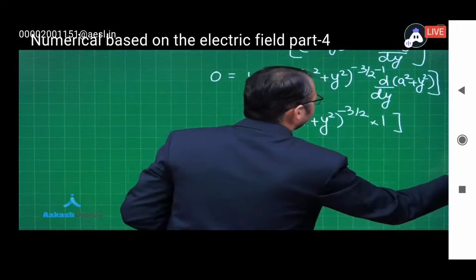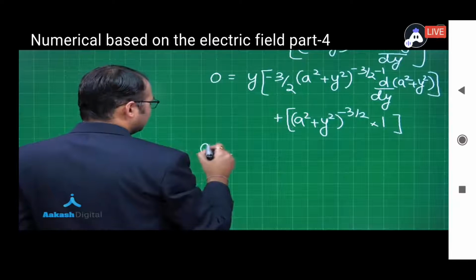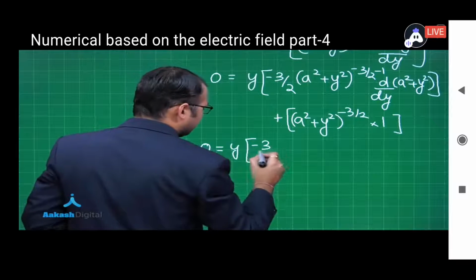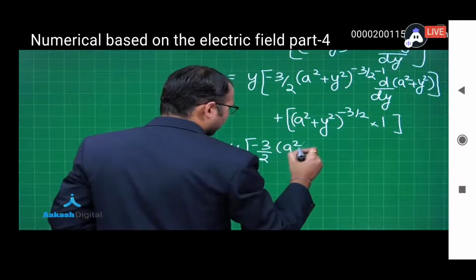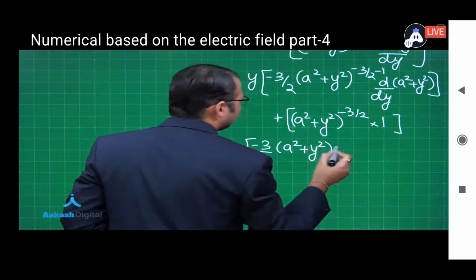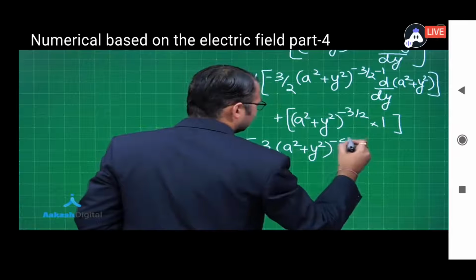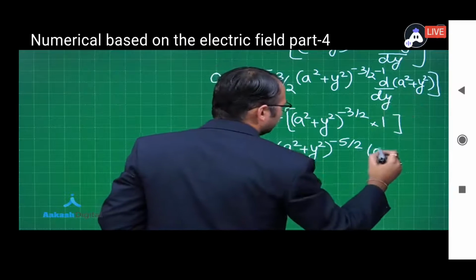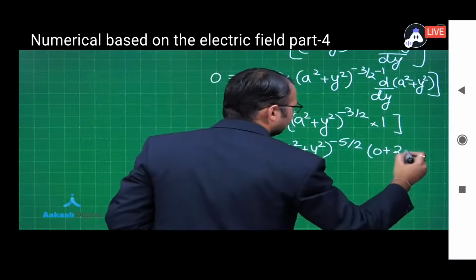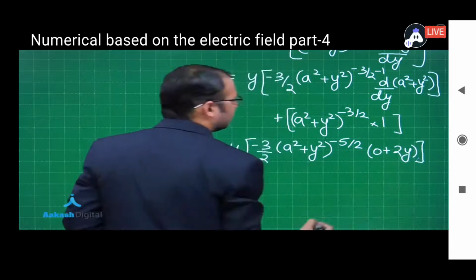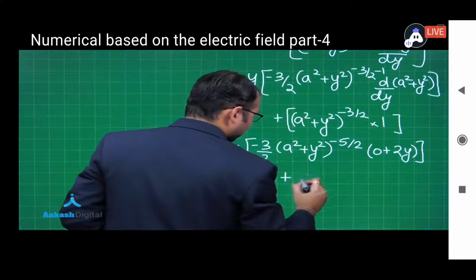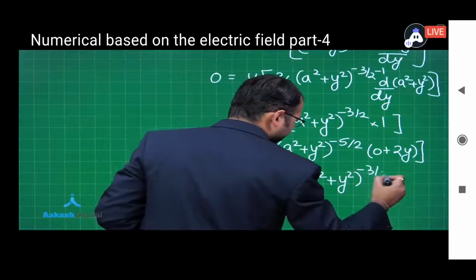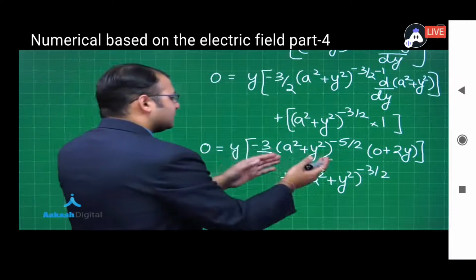On simplifying it, what you will get from here is 0 equals y into minus 3 by 2 into a square plus y square power minus 3 by 2 minus 1, which is minus 5 by 2, into the differential of a square, which would be 0, plus the differential of y square, which would be 2y, right? And plus you will get a square plus y square power minus 3 by 2. Now let's bring this portion here.